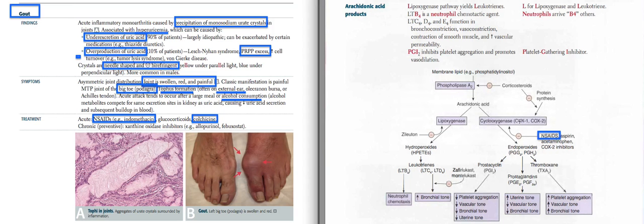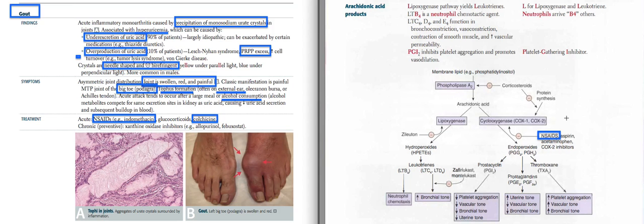Now, of course, what you want to realize here is that beyond cyclooxygenase, if we're not inhibiting, we see prostacyclin, prostaglandins, and thromboxane basically causing a multitude of changes within both our coagulation as well as our immune pathways here. So NSAIDs are, of course, going to be cyclooxygenase inhibitors.